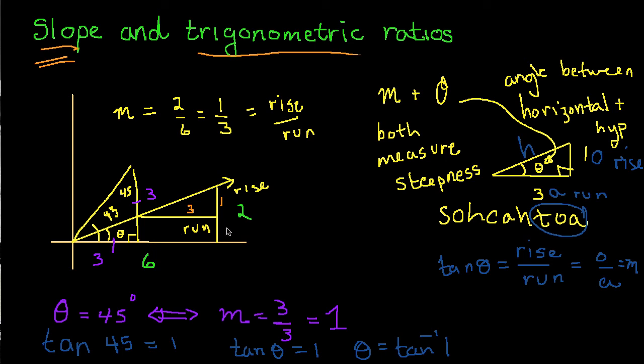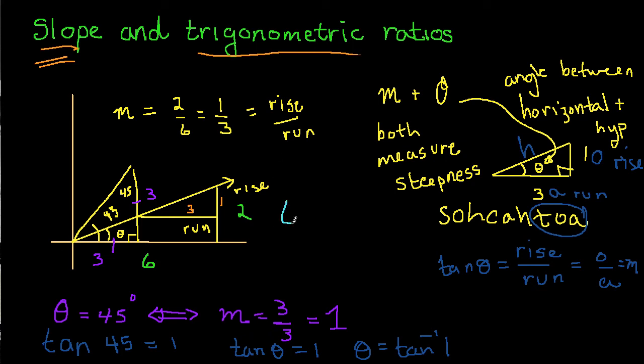We see it doesn't matter, because so long as this angle is the same, so long as this line is going up with the same slope, then the rise over the run, or the opposite over the adjacent, is always going to work out to be the same, whether we're using 2/6, the larger triangle, or 1/3, the smaller triangle.